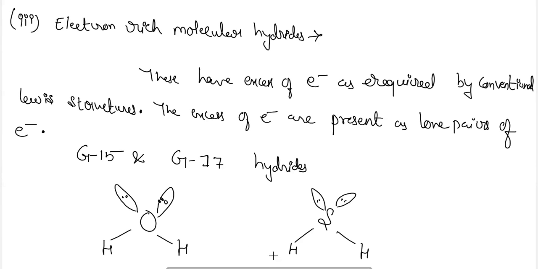These are some examples of the formation of hydrides with group 15 to 17 elements. For NH3 also, you can see three hydrogens and one lone pair. These hydrides have more electrons than required for their conventional Lewis diagram.